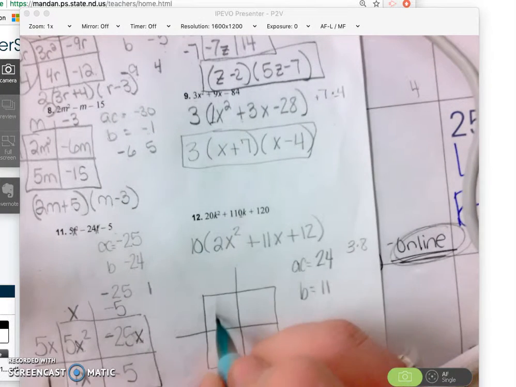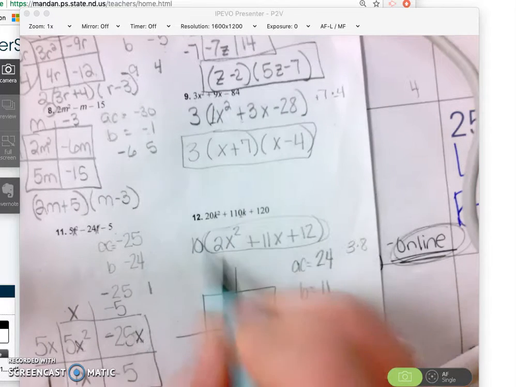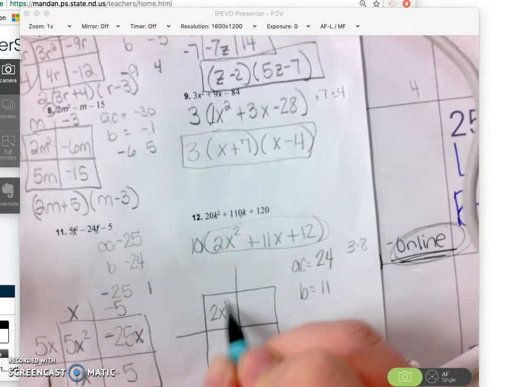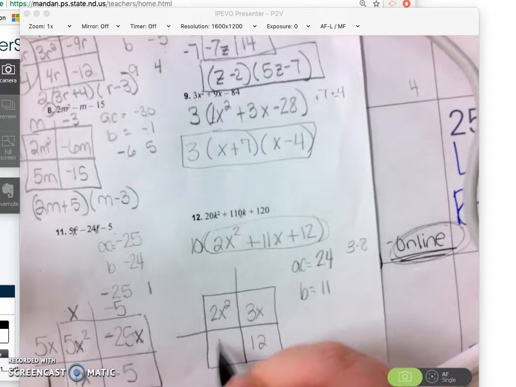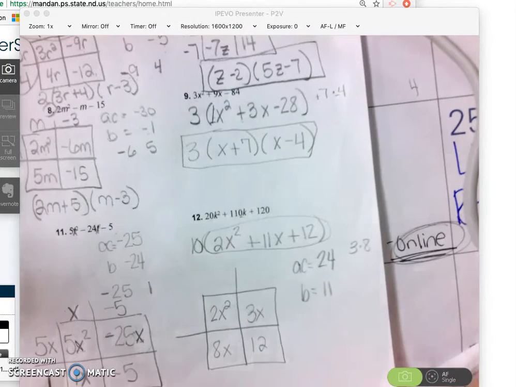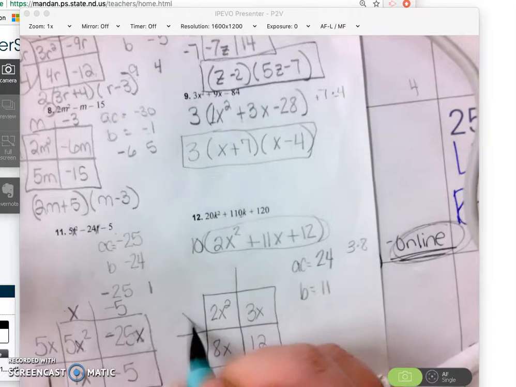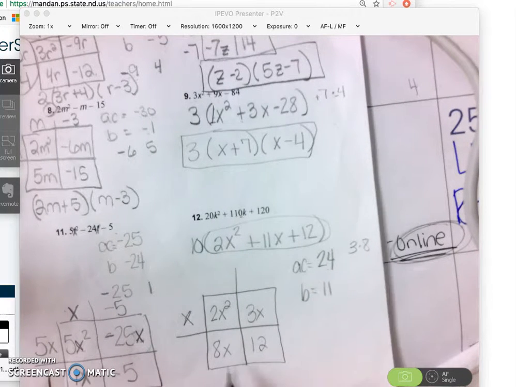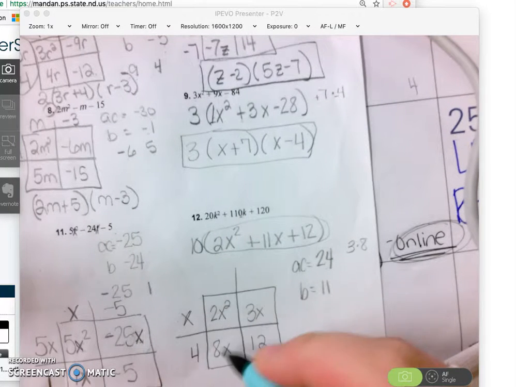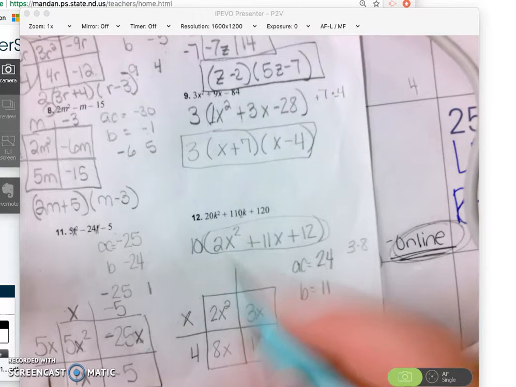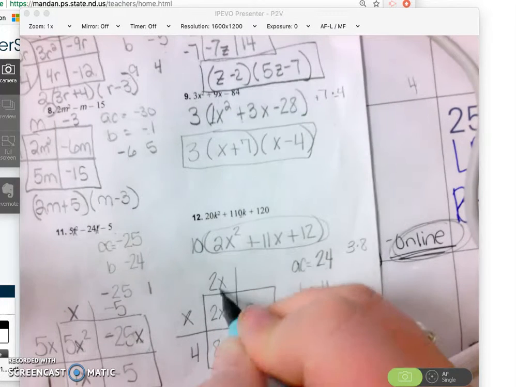Okay, so my first, remember again, when I factor out, I'm just working with this here. So 2x squared, positive 12, 3x, 8x. What does this have in common? Just an x. What do these have in common? This is a 4. What do these have in common? A 2x.